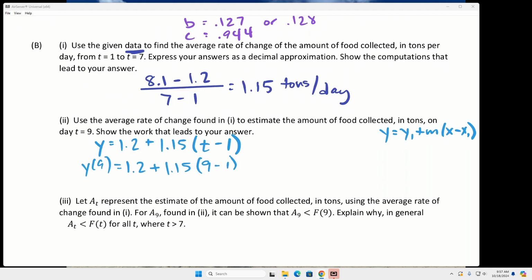All right, so once you get that plugged in, you can just type that in the calculator, and it's 1.4 tons.